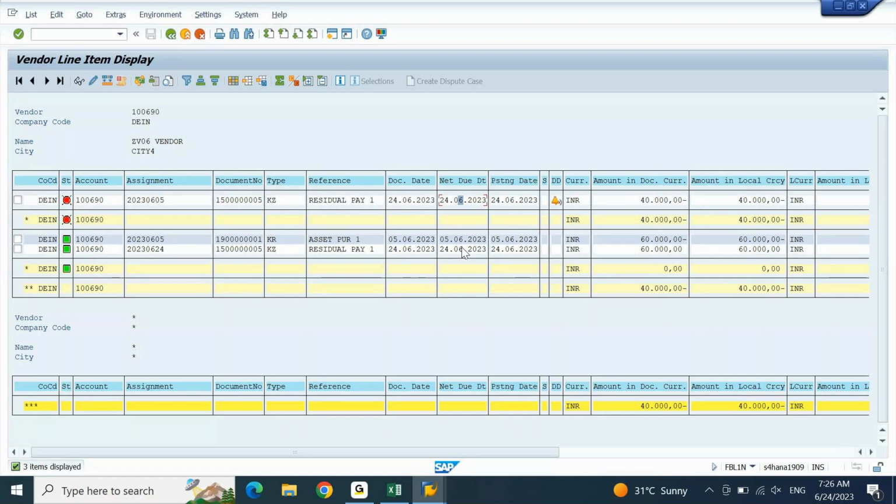Is there any change in the due date for the balance amount? Technically, there will be no change, because it's one invoice and we are making the partial payment. We need to make sure the balance amount is also due on the same date. If the original invoice was overdue, the balance amount, which is 40,000, should also be overdue.